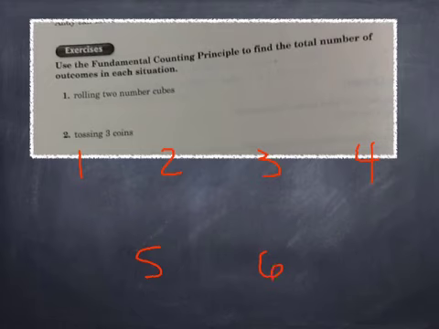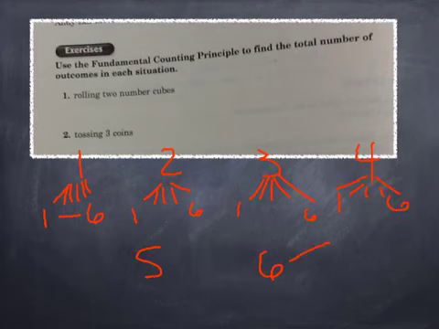If I roll a 1, I can get a 1 through 6 on the second roll, any of those numbers between. A 2, I can get anywhere from a 1 to 6 as well. If I get a 3, I can still roll a 1 through 6 on the next one, and so on for each.